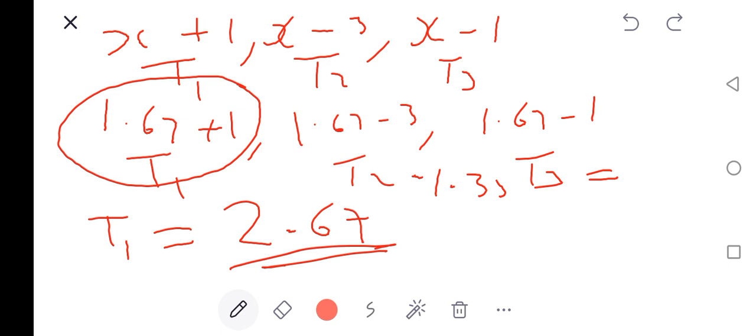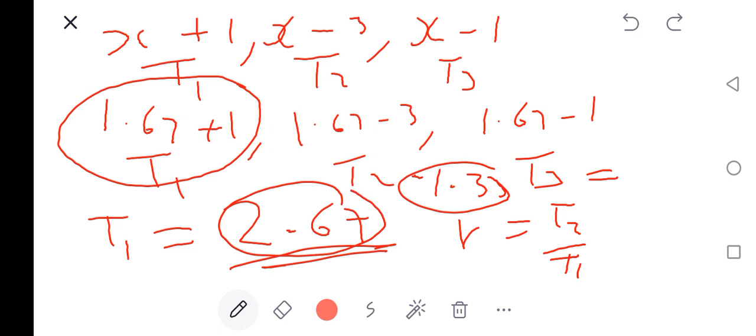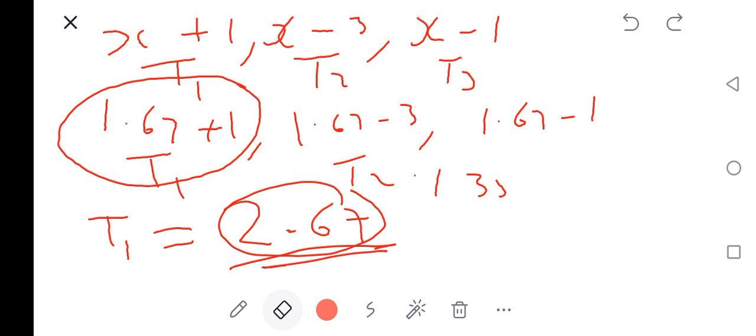So if they are to tell you to say, can you find your ratio? This is what you have to do, T2 over T1, meaning you have to put this number and this number, you divide. But in this case, we do not have any question for the common ratio.